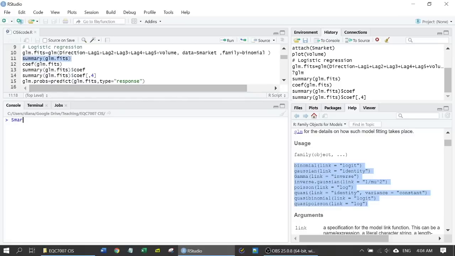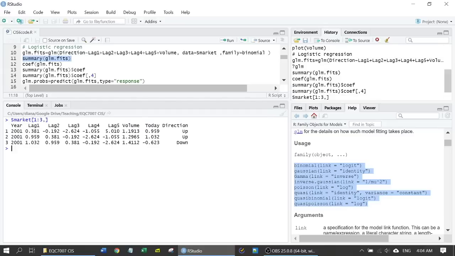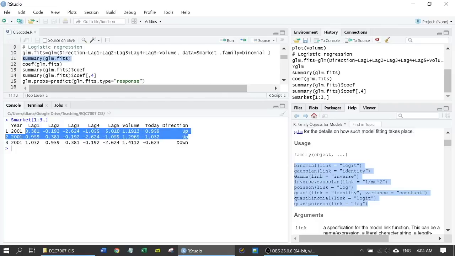Before we do that, I just want to run Smarket 1 to 3, for example. So these are the first three observations in the original data set. This is the information on Lag1 to Lag5 and Volume, and we have the Direction. For the first two it is Up and the third one is Down.